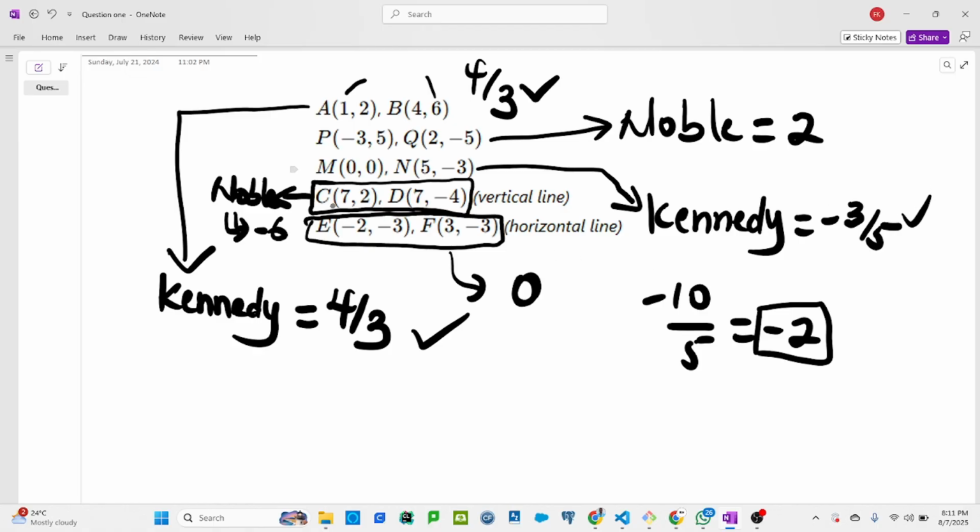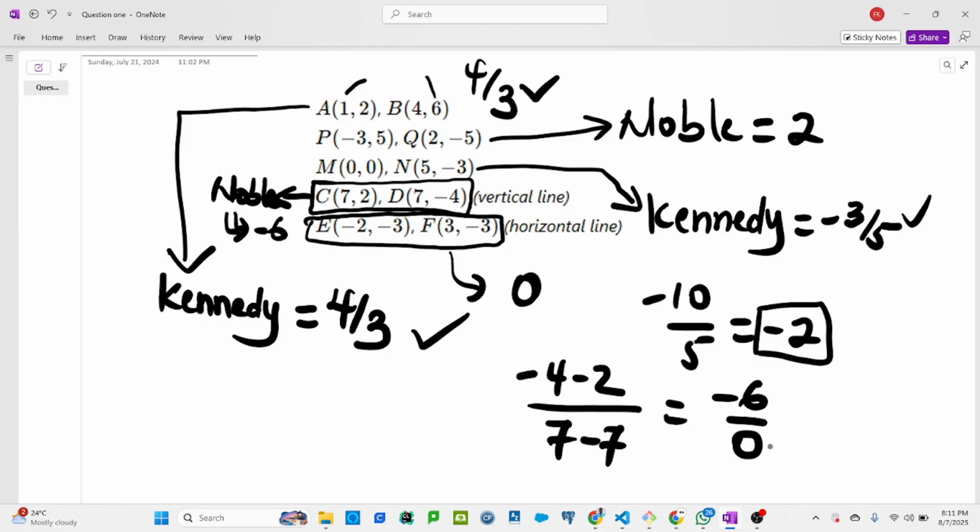Now, let's look at this particular one. -4 minus 2 all over 7 minus 7. This will give you -6 all over 0. This is not -6, it's 0 at the bottom.